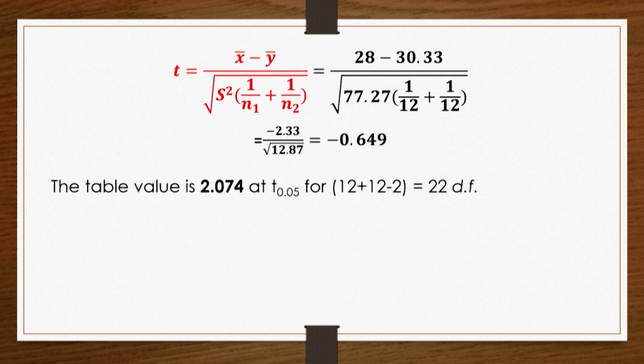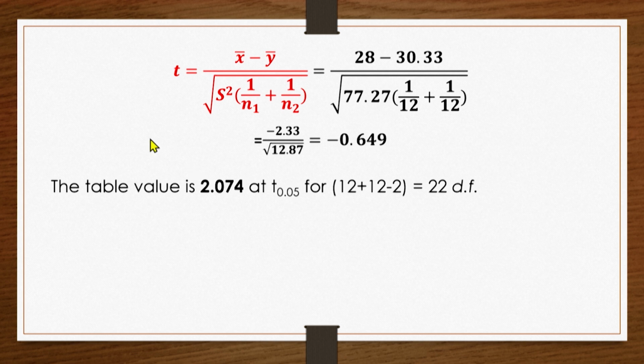In this two sample t dependent test, we can calculate the formula t equals x bar minus y bar over square root of s square into 1 by n1 plus 1 by n2, that is equal to 28 minus 30.33, which are the mean of the first diet A and the mean of the second diet, over the square root of the s square value and the number of samples, which is computed as t equals minus 0.649, which is called the calculated value.